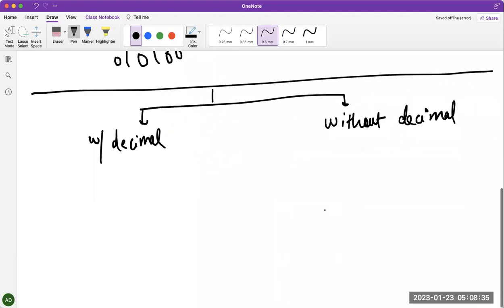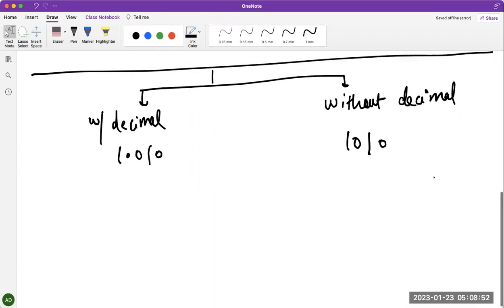So if you have 101 as a number versus 1.01, it makes a difference on how you look at a zero. Let's say there's a 1.010 like that and 1010 like that. It makes a difference having or not having a decimal.